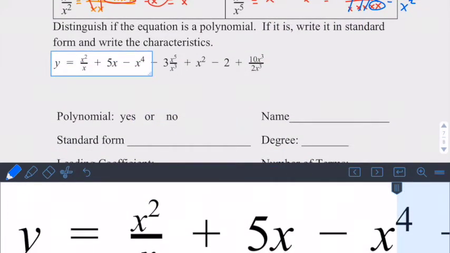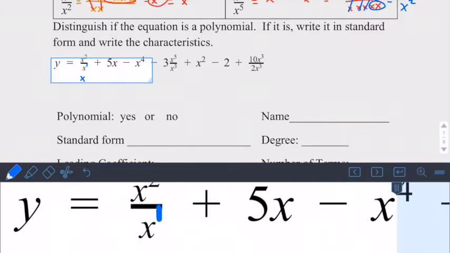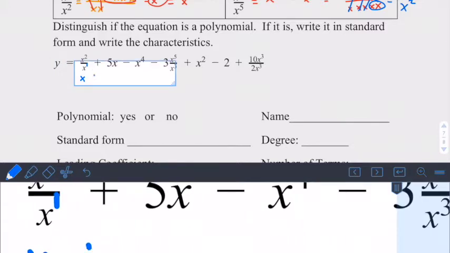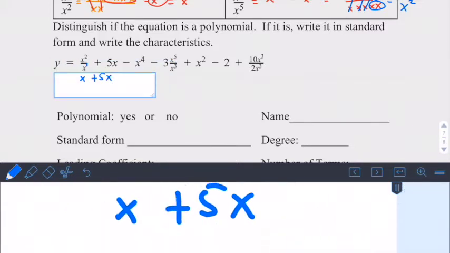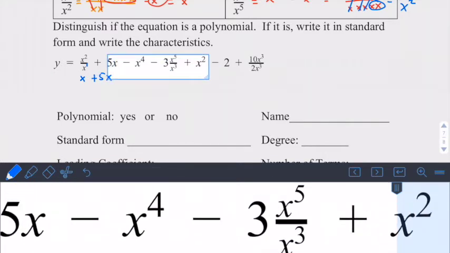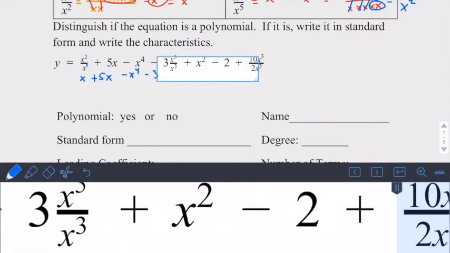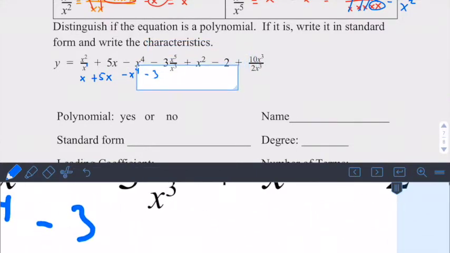x squared, this is divided by x to the first. So 2 minus 1, this is x to the first, or just x. Plus 5x, so you see we have some like terms here we've got to combine. Minus x to the fourth. Minus 3, and then we've got x to the 5th and x cubed, right? 5 minus 3, this is x squared.